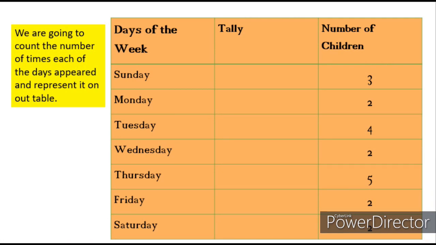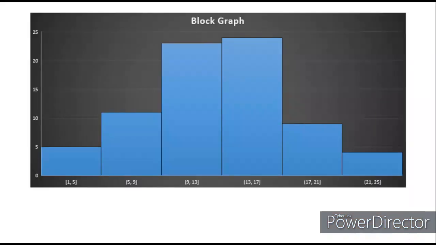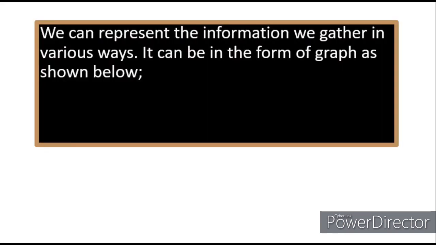We can organize the data in a form like this. Very good. So you can see the block graph here. We can represent the information we gather in various ways. It can be in the form of a graph as shown below.